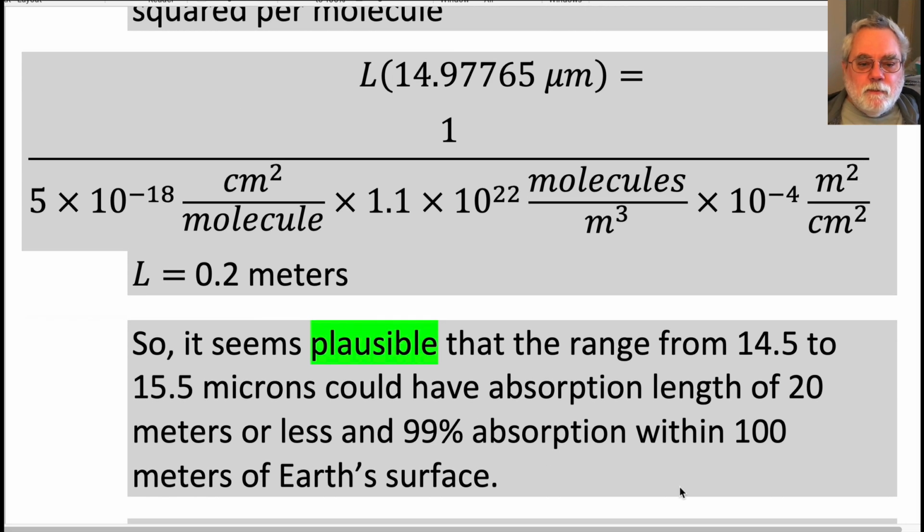So, it seems plausible that the range from 14.5 to 15.5 microns could have absorption length of 20 meters or less and 99% absorption within 100 meters of Earth's surface.